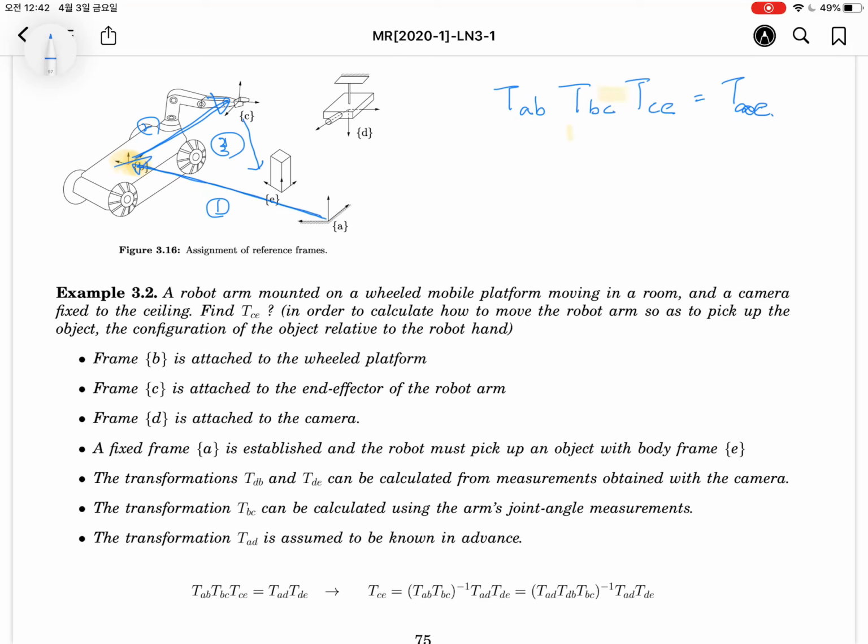And then TAB, it's a very difficult problem to obtain it. So TAB can be achieved using an indirect way. We know the TAD and the camera will detect the TDP. So with the available information of these two transformations, we can get the TAB. On the other hand, using the camera, we can detect the object position and the posture.